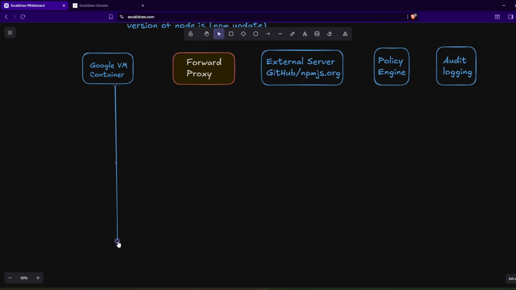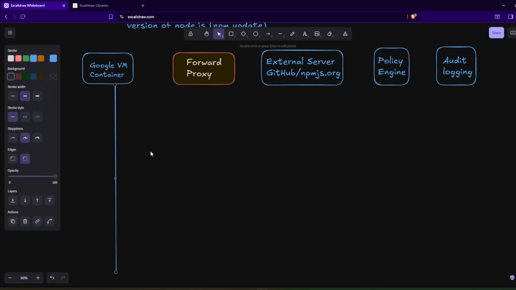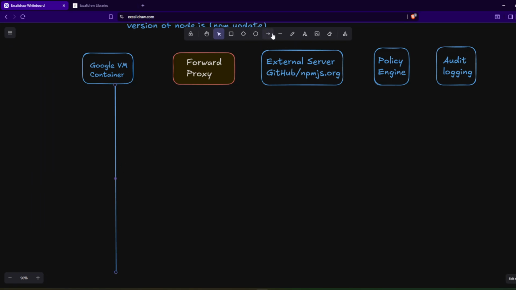At first, from my container, I'm going to make an HTTP request. An HTTP request is something like npm install react. So I want to install React in my server machine.